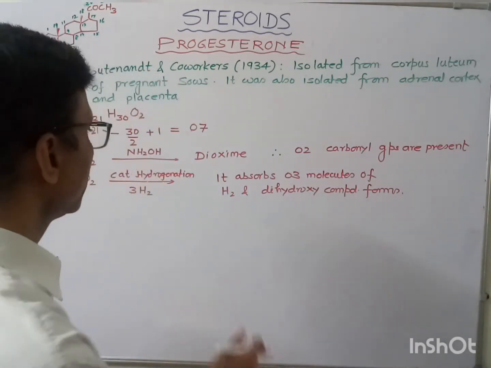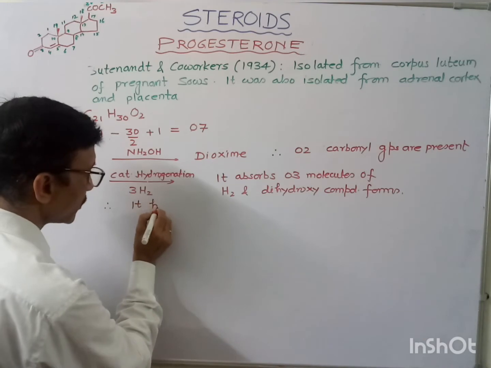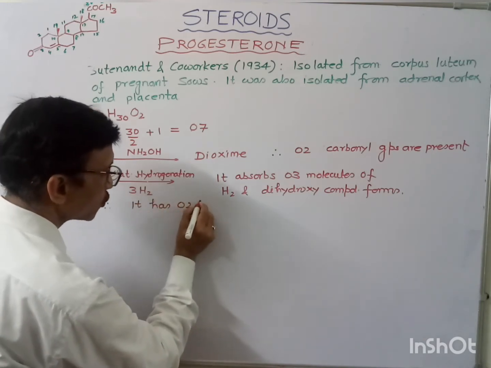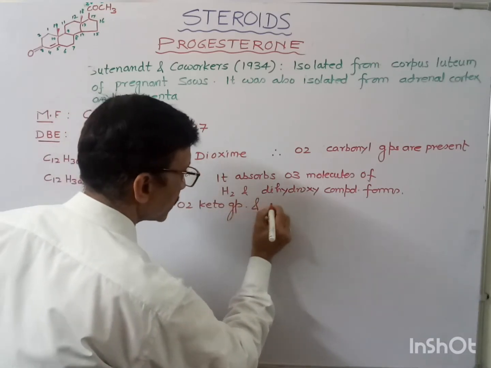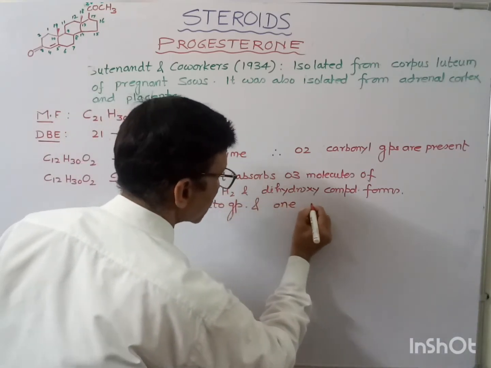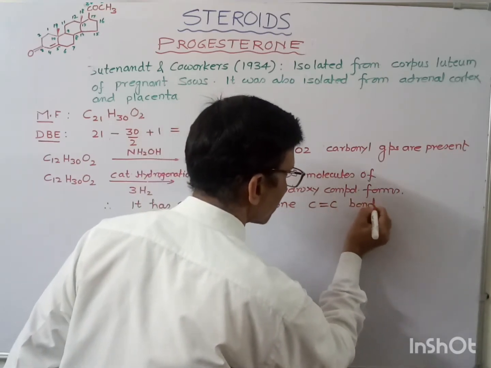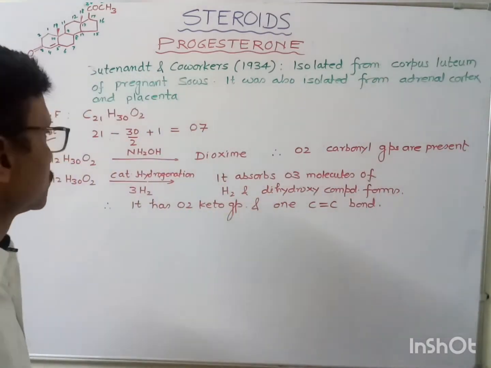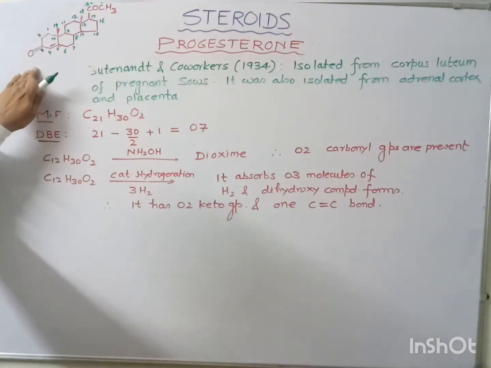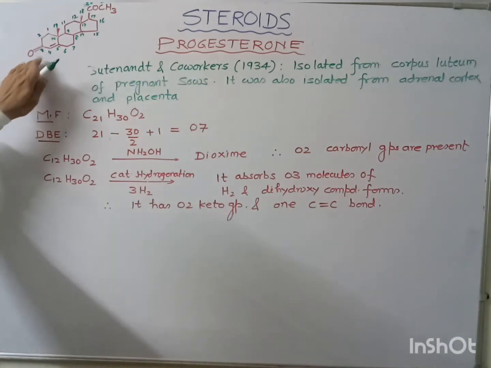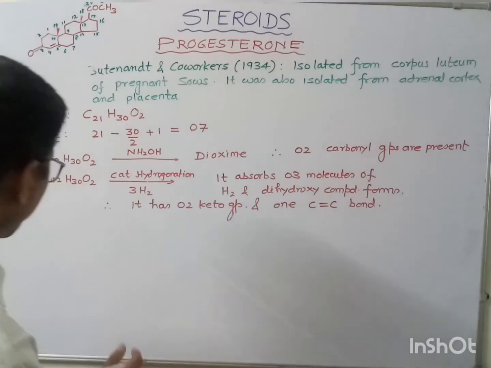So it has 2 keto groups and 1 carbon-carbon double bond. So we have proved 2 things: it contains 2 keto groups and 1 carbon-carbon double bond.